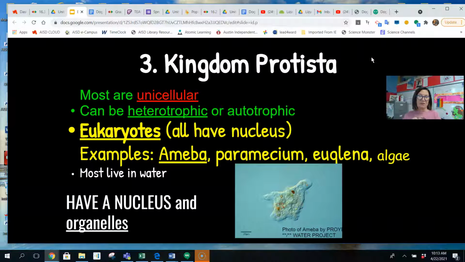So an example would be an amoeba, which is here, and most of these guys live in water, paramecium also, and they have a nucleus and organelles. So like if we went to Lake Austin and got a water sample from the lake and looked at it under a microscope, we're going to see these guys in there. We can't see it with our naked eye because they're microscopic, but this is what you're going to see if you put it under a microscope.